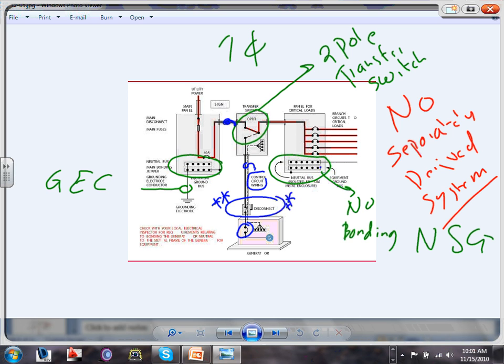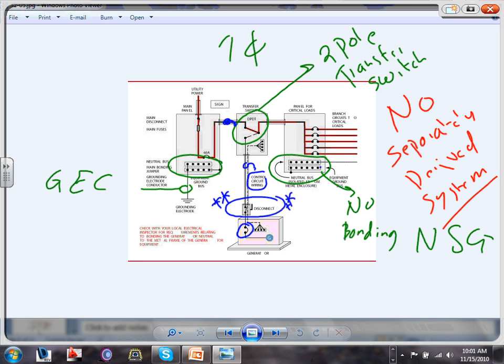When it comes to generators, guys, next quarter we bring Cummins. We do two things. We go tour Cummins, and you see a lot of separately derived systems and paralleling and so forth. And we also bring Kohler to talk about generators: how you size generators, the difference between diesel generators versus natural gas generators, and all the mechanical part of the project.